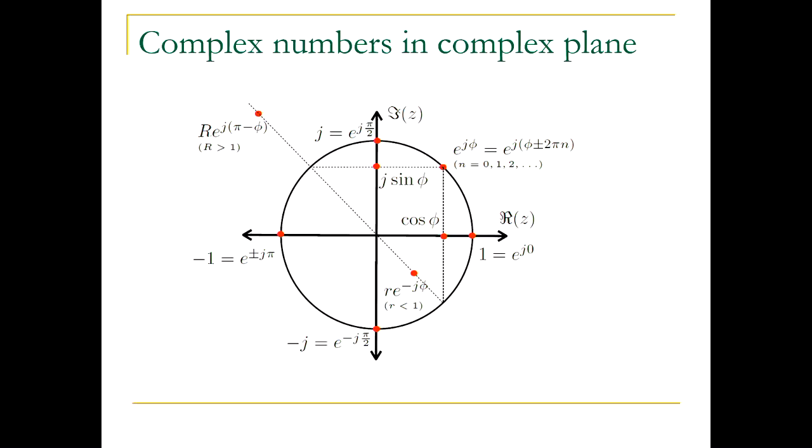Real part is 0 and imaginary part is minus 1, but that can also be represented as e to the minus j pi half. So minus pi half is the phase, because positive phase is measured in the counterclockwise direction, and negative phase in the clockwise direction. You can go through each of these red dots and figure out the related mathematical representation, and I urge you to do that.